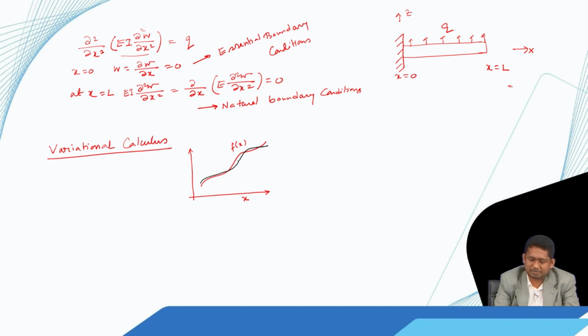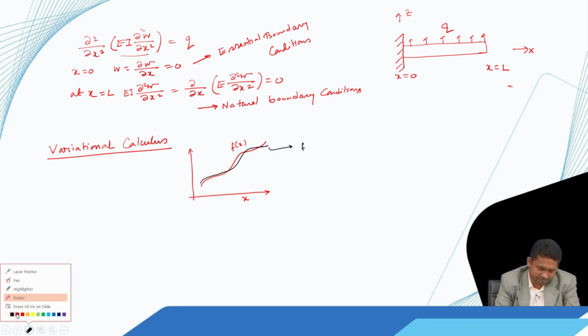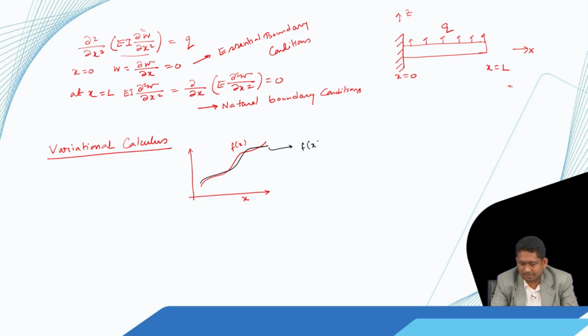So, after perturbing the function a little bit, the new function is this. The initial function is f(x), and this new function is f(x) plus delta f(x).